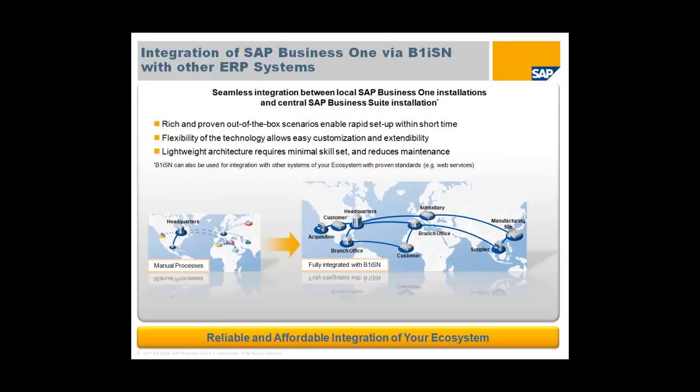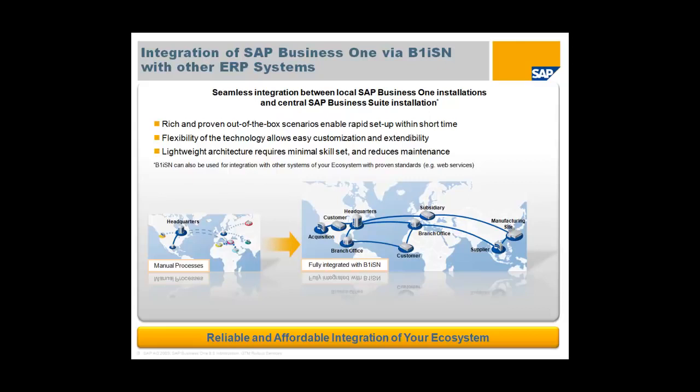The flexibility of the technology allows you to easily customize and extend those out-of-the-box scenarios and build your own scenarios. It's built on an industry-standard lightweight architecture which requires a minimal skill set and of course reduces maintenance. What does this mean? It gives you a reliable and affordable integration solution for your entire ecosystem.